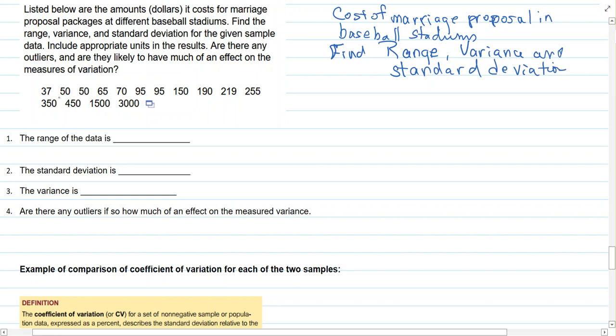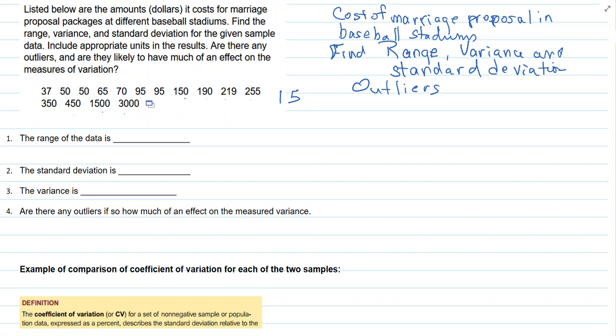We have numbers 1, 2, 3, 4, 5, 6, 7, 8, 9, 10, 11, 12, 13, 14, 15, it appears. Include appropriate units in the result. Are there outliers? And are they likely to have an effect on the measure of variation? And so we're going to do that.